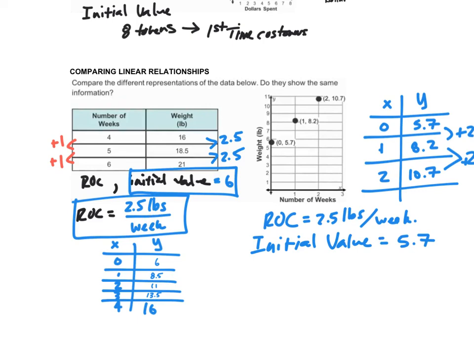As the number of weeks goes up, the pounds increase at the same rate, 2.5 pounds per week, but they start off at different values. This one starts off at 6 pounds at 0 weeks, and this one starts off at 5.7 pounds. So that's what I got.